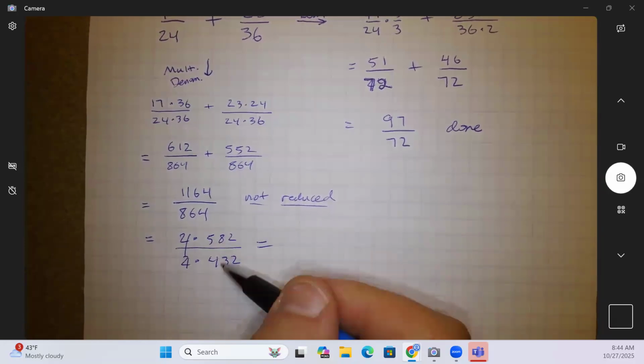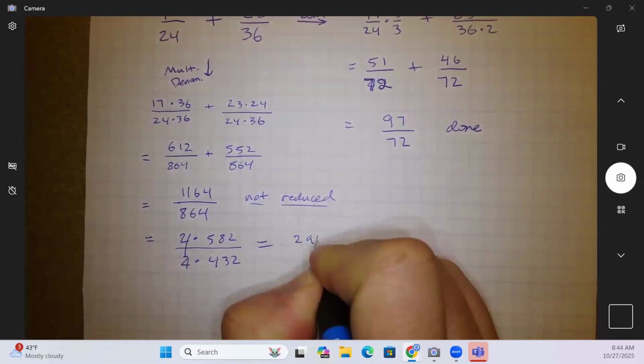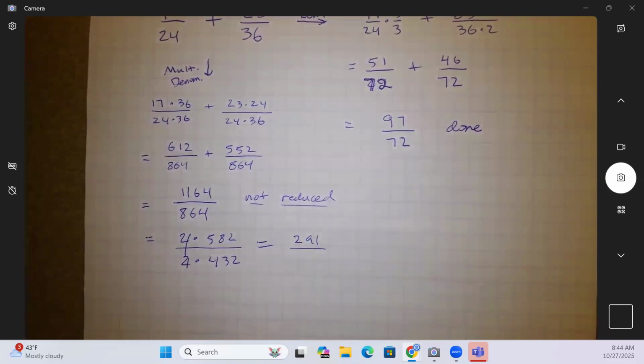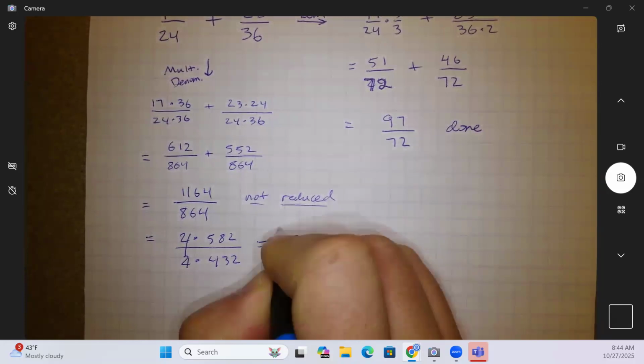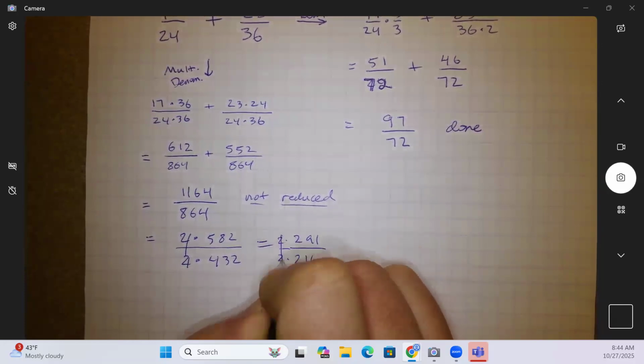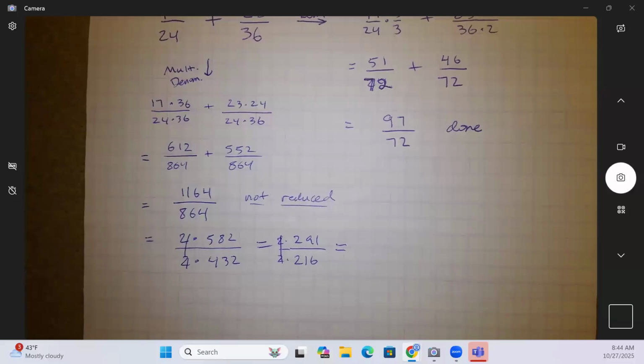And I still have even numbers on the top and bottom, so I can divide by 2 again. 582 over 2 is 291. 432 over 2 is 216. So there's a 2 times each of those, and those cancel. And I don't know if this can be reduced anymore, but I can always try some numbers.